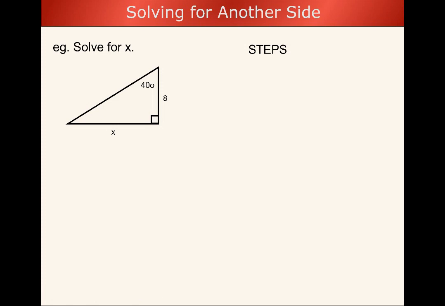Next example, I've got 40 degrees, the opposite side. Again, x is the opposite side. And this is the hypotenuse over here. In this case, it gives me the adjacent side. So which one does that? That is tan, opposite and adjacent. So that's going to be tan 40 degrees is equal to opposite, that's x, over adjacent side, that's 8.